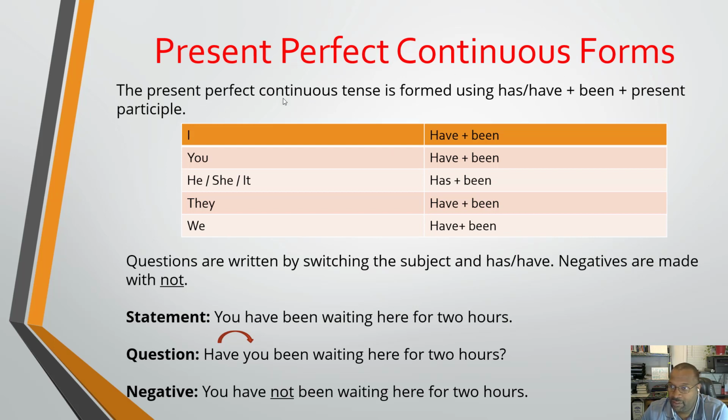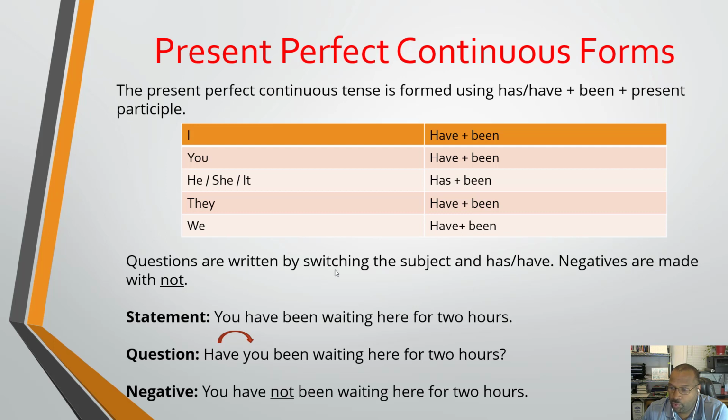The present perfect continuous tense is formed using has or have, depending on who you're talking to or talking about, plus been, plus the present participle. Okay? You have been waiting here for 2 hours.